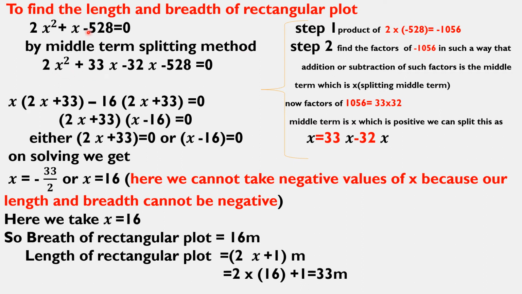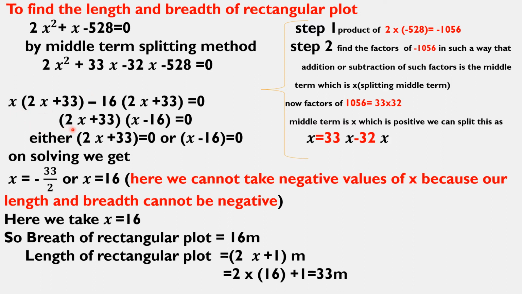So we split plus x as 2x square plus 33x minus 32x minus 528 equals 0. Here I have explained how to split the middle term x. Now let us come to the point. On splitting the middle term, 2x square plus 33x minus 32x minus 528 equals 0. Here we take common factors.